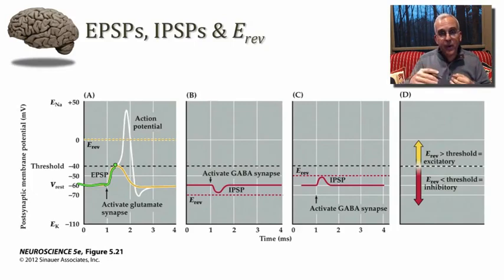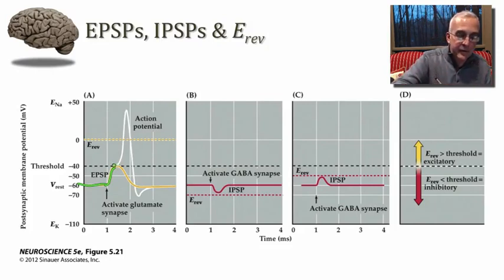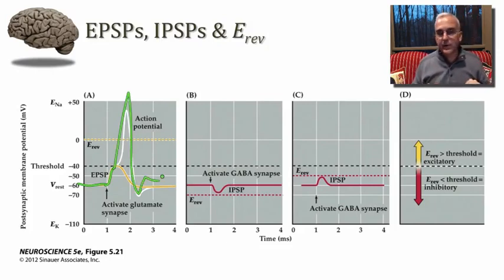Because we're pretty far away from that reversal potential when we start at rest. Well, as this cell begins to depolarize, now we start opening up our voltage-gated sodium channels. And that's what leads to triggering this action potential that we record here.